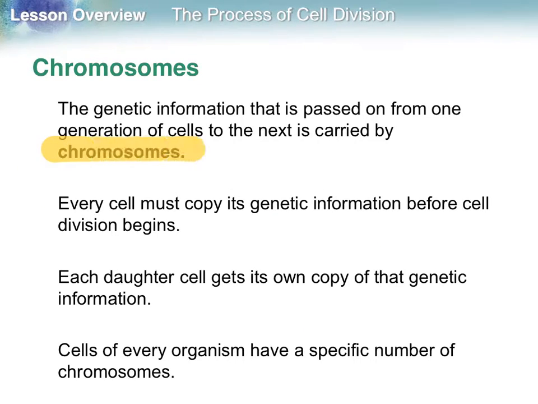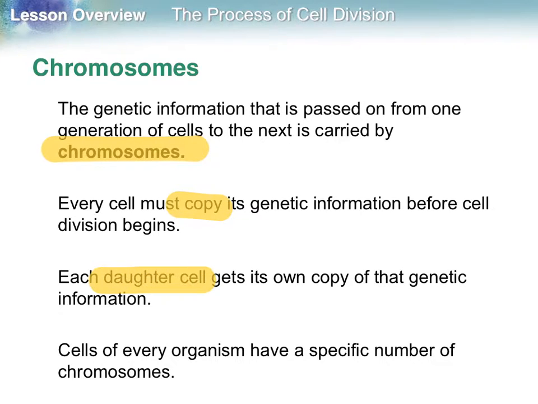These chromosomes carry genetic information that is passed from one generation to the next. Every cell must copy its genetic information before cell division begins. So we have to make a copy of the chromosomes before we can divide the cells and make new cells.